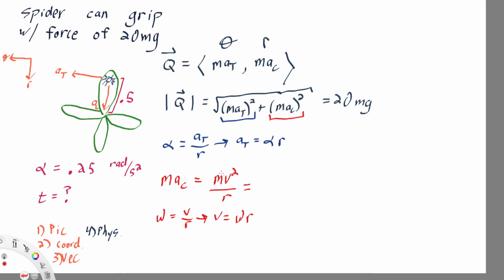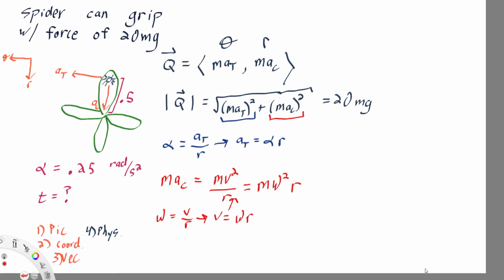And if we plug that in up here, we get m omega squared times r. All right. Which doesn't seem like a huge improvement because we don't know omega yet either.